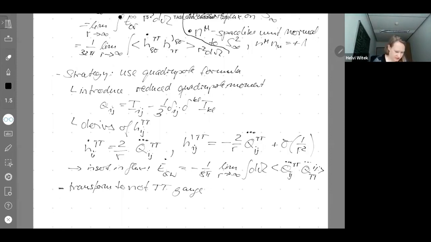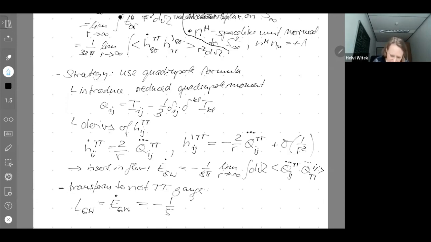So this would give us the luminosity, that is E dot, for gravitational waves, and this is given by minus 1/5. Now let me reinstate our natural constants.